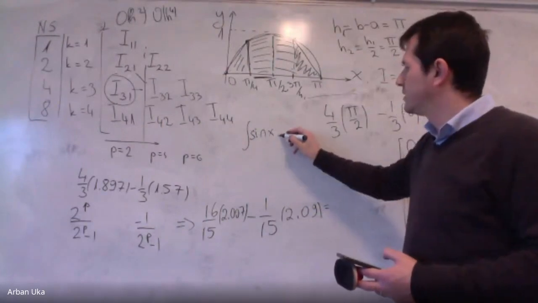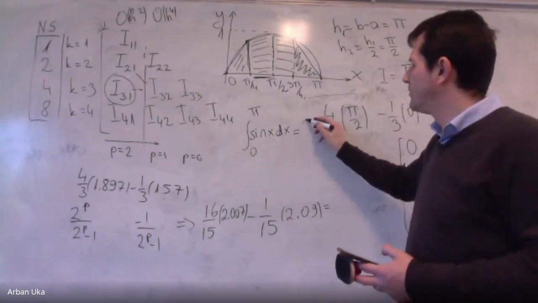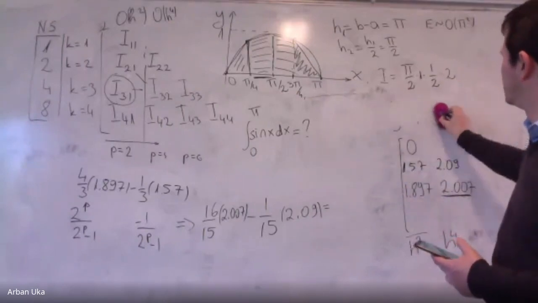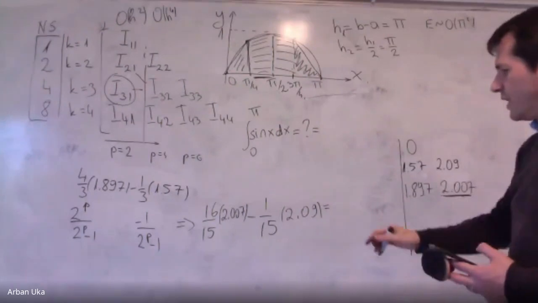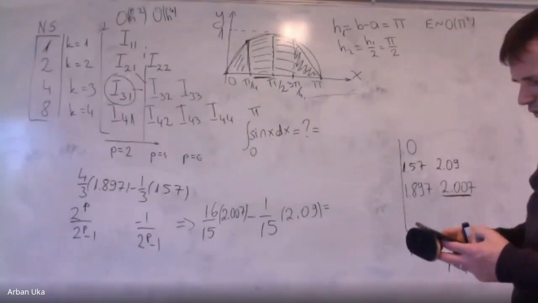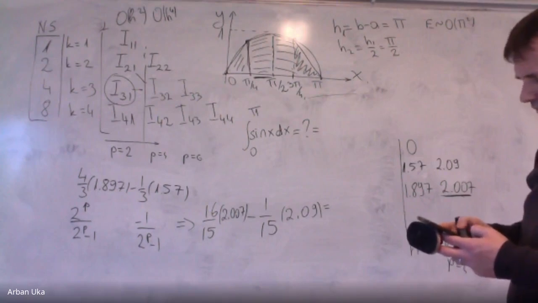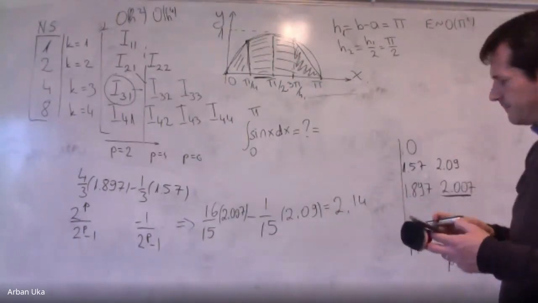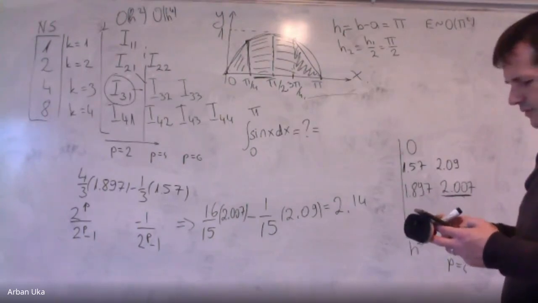sine x dx from 0 to pi? Can anyone find the analytical solution where this should converge? Meanwhile, we can continue like this. This is 2.007 times 16 divided by 15, and we get 2.14, and the rest is 2.09 divided by 15.